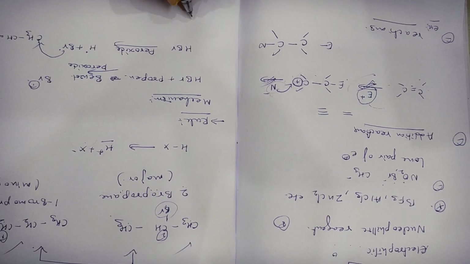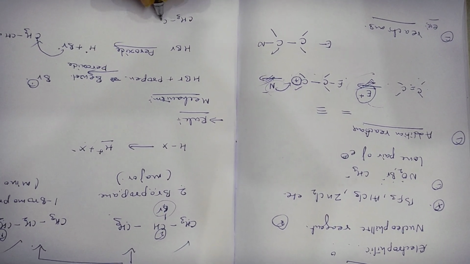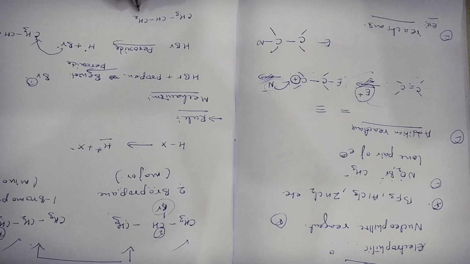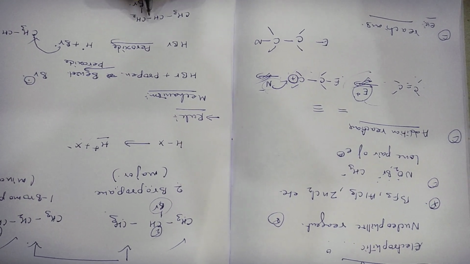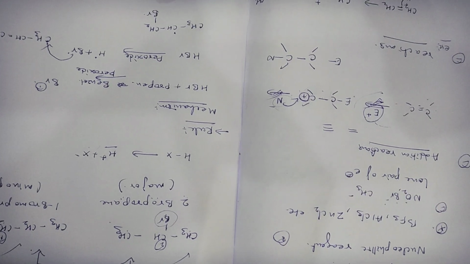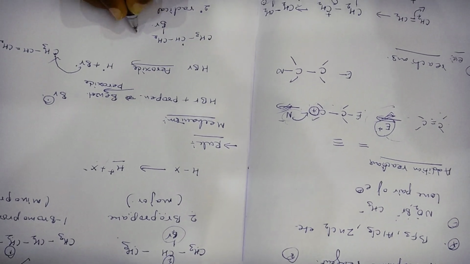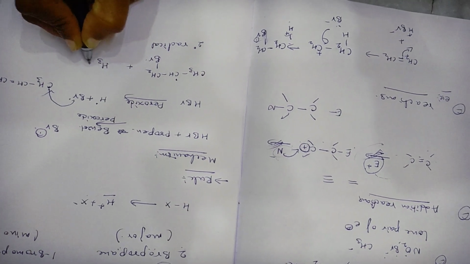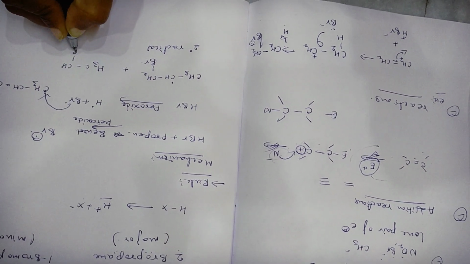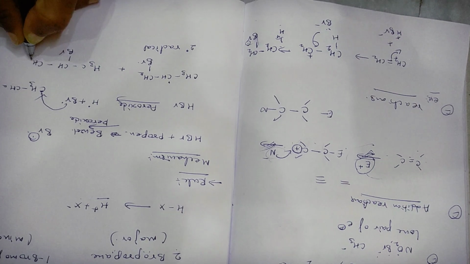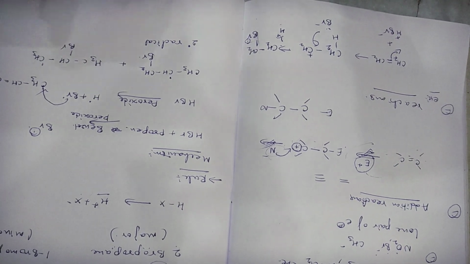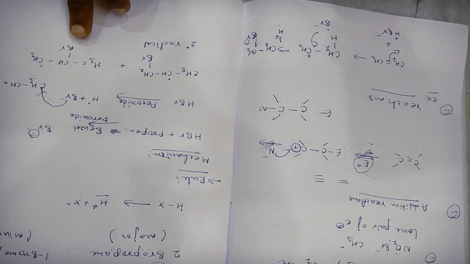Like the product will be CH3 CH CH2 Br. Now this is said to be a secondary radical, and the next one would be a primary radical.